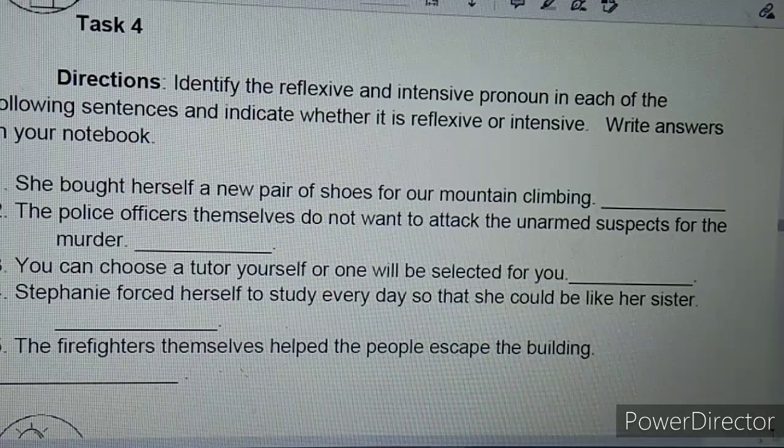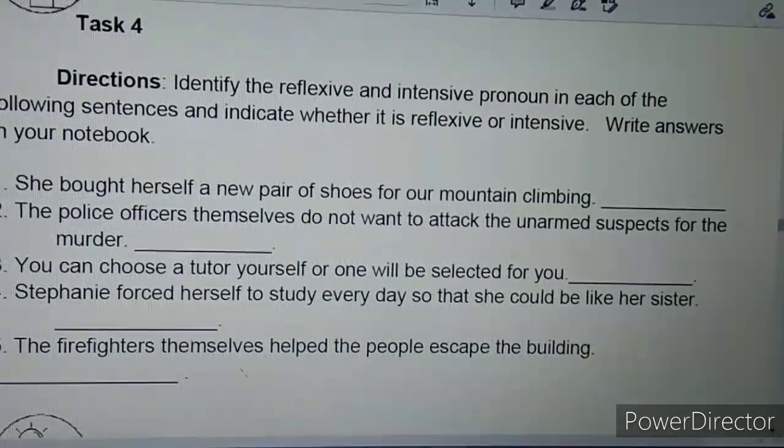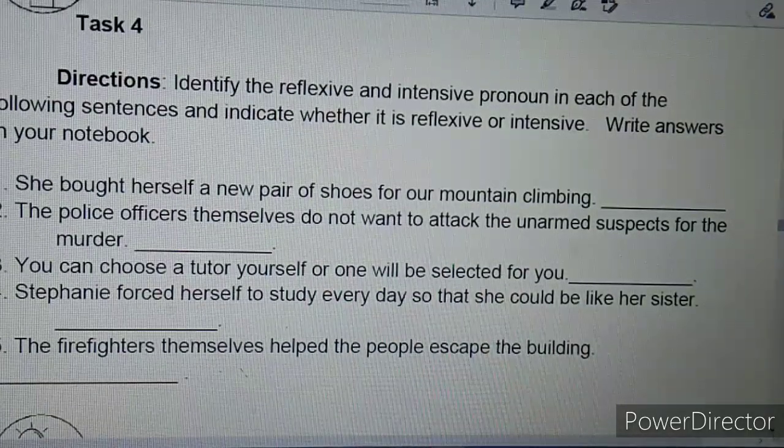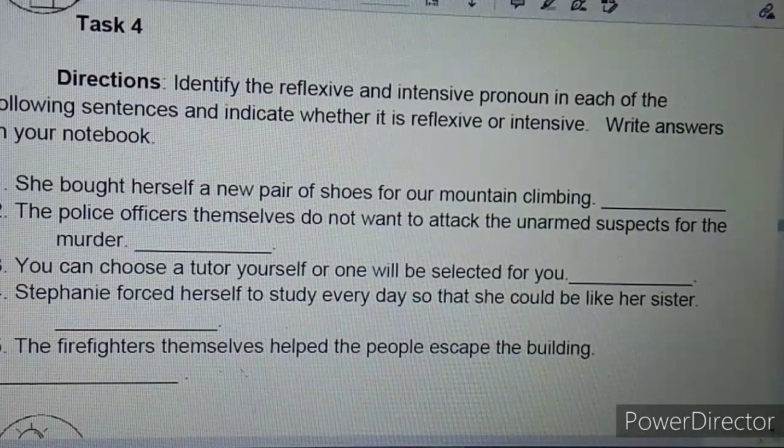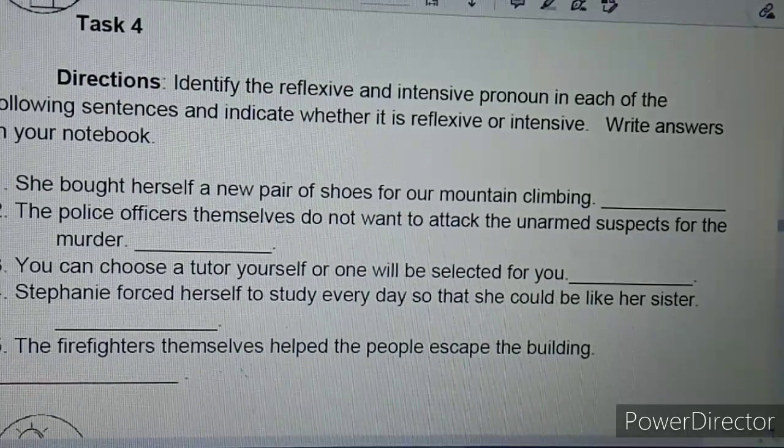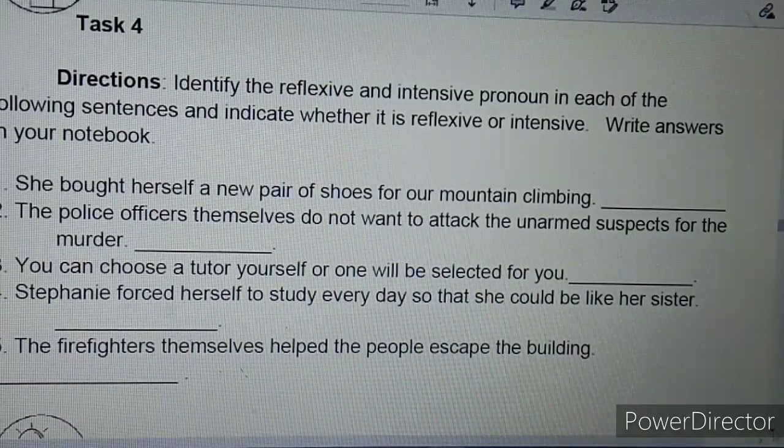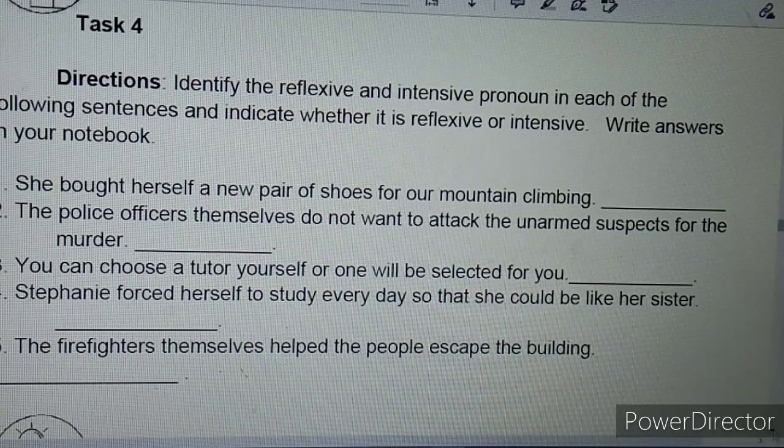Number 4, Stephanie forced herself to study every day so that she could be like her sister. The correct answer for number 4 is herself, and it is an example of reflexive. Again, the correct answer for number 4 is herself dash reflexive.